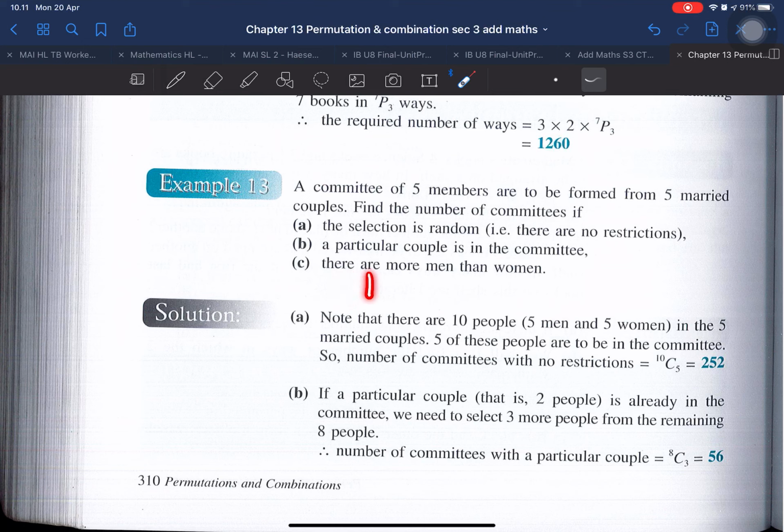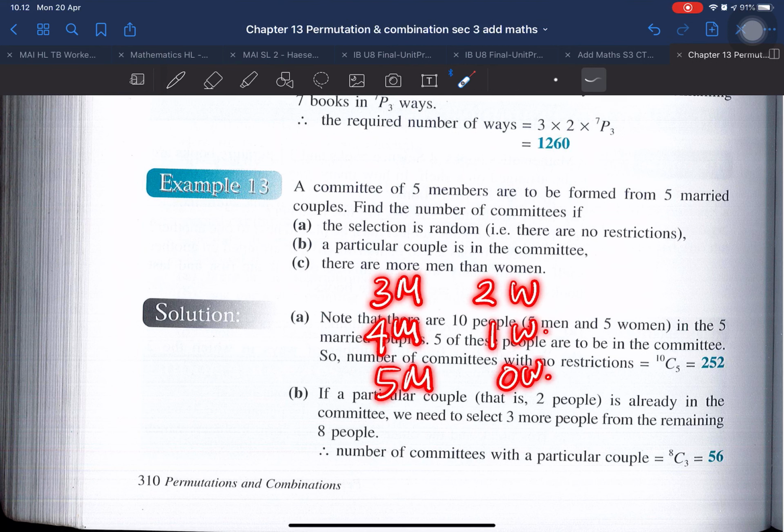If the men are 1, then the women are 4, so this is not possible. Now if the men are 2 and the women are 3, this is also not possible. So we start with 3 men, 2 women. Next is 4 men, 1 woman. And the last one is all men and 0 women.